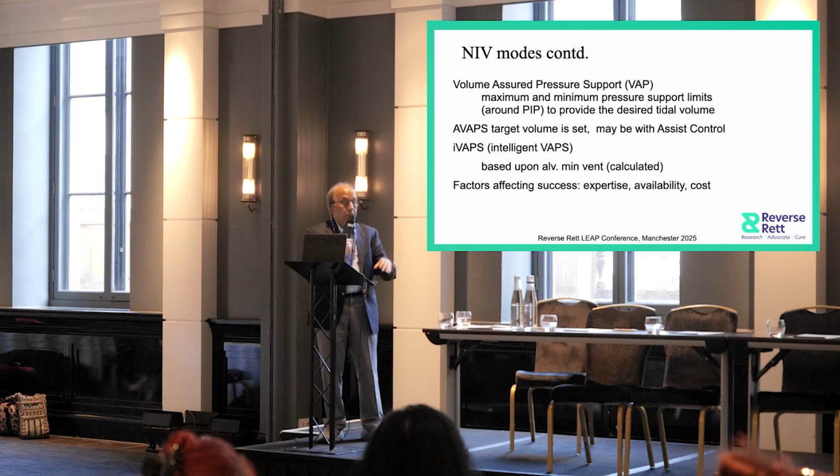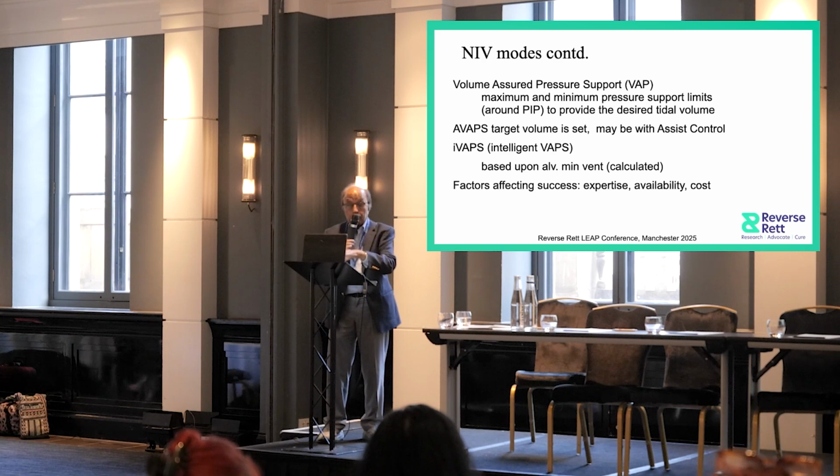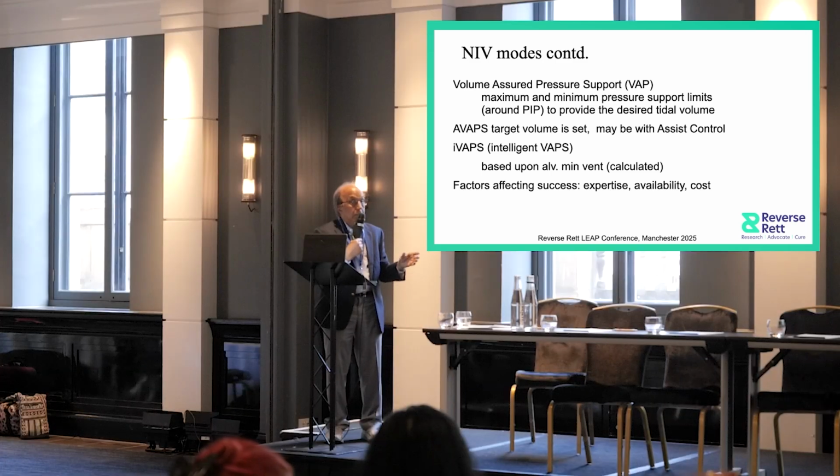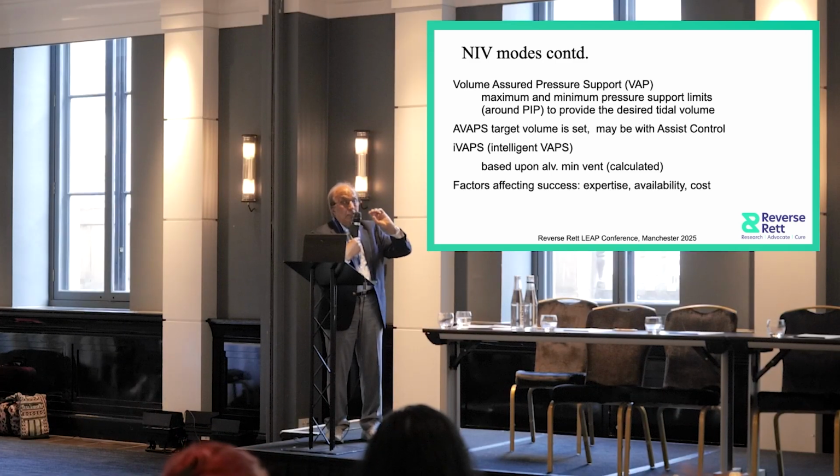But for me, I have more commonly used AVAPS; all my patients were on AVAPS. And by the way, this is a much better approach for the Rett population versus some other neuromuscular disorders, because here you have so many breathing abnormalities, dysautonomia, irregular dysrhythmias, and the ventilator will take care of it.